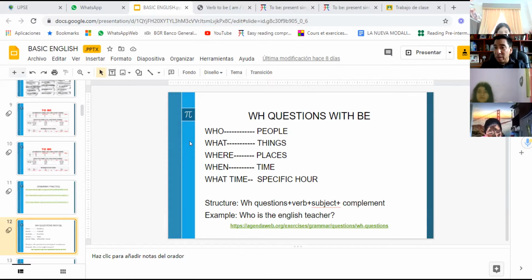Cada vez que queramos hacer preguntas acerca de personas, utilizamos el WH question who. In Spanish is quién.